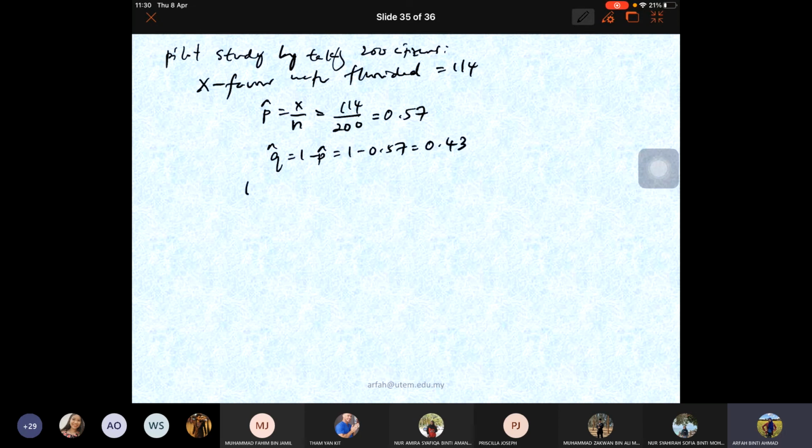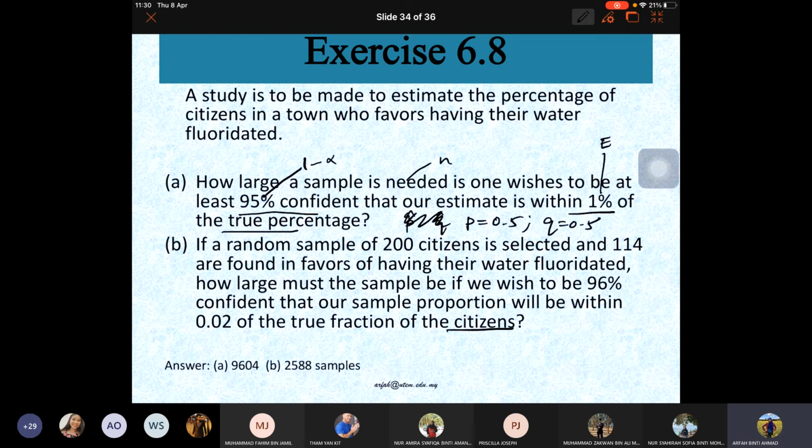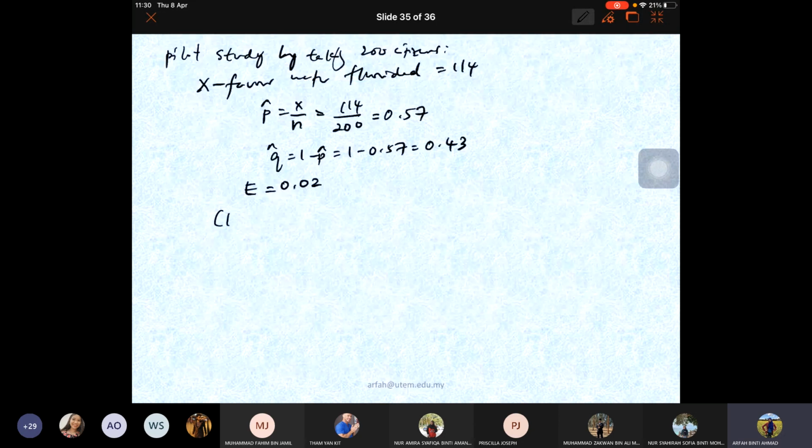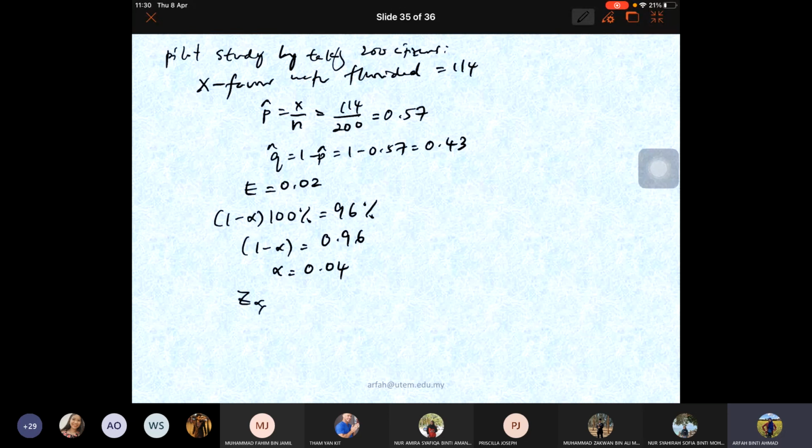Okay. So dia punya error akan sama dengan 0.02 dan dia punya, okay, 1 minus alpha 100% equal to 96%. Okay. 1 minus alpha equal to 0.96. Alpha sama dengan 0.04. So Z alpha over 2 equal to 0.04 per 2. 0.02. So dapat berapa? Z 0.02.